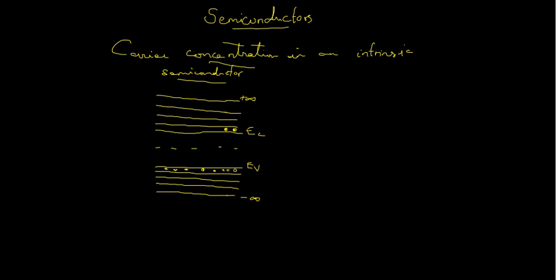So the number of electrons in the conduction band is equal to the number of holes in the valence band.